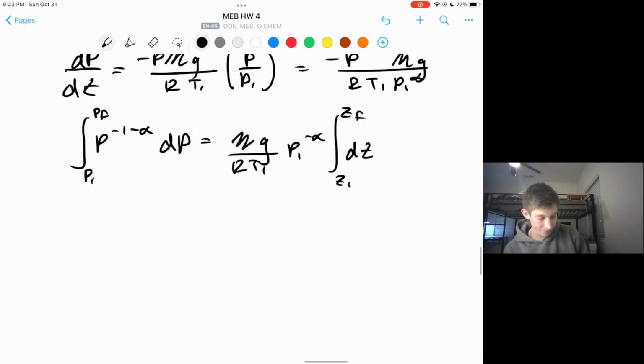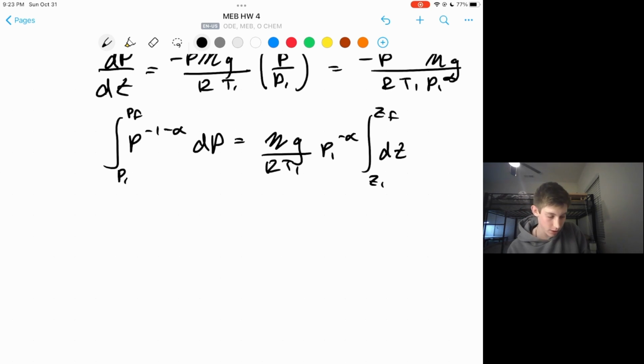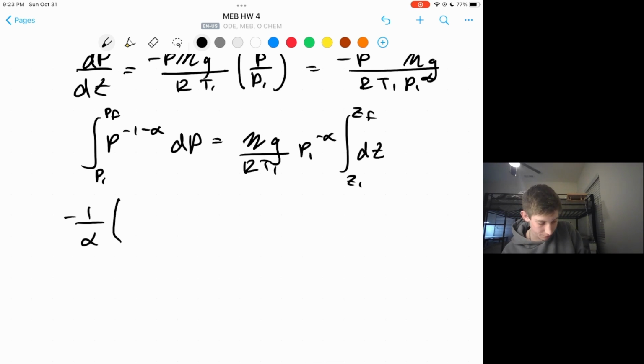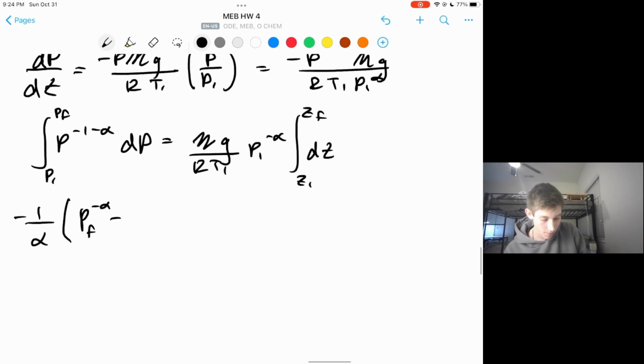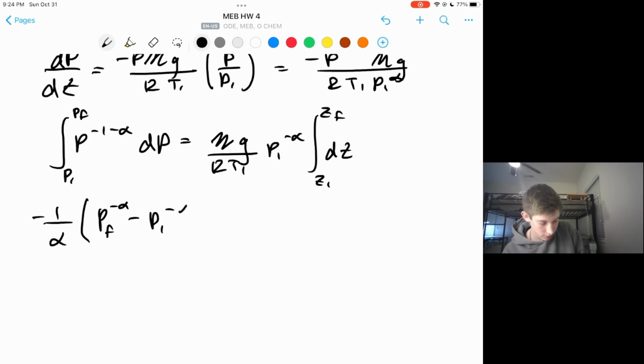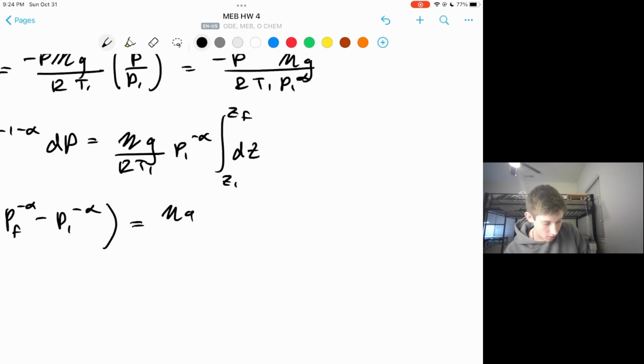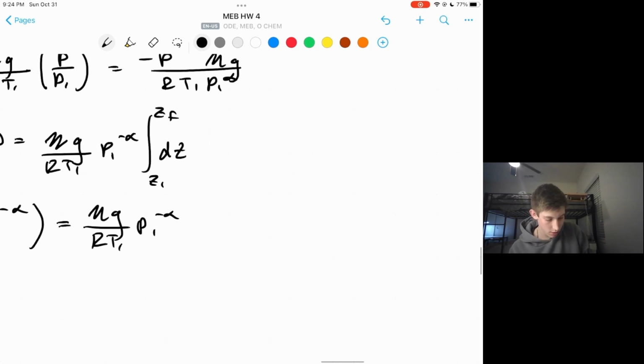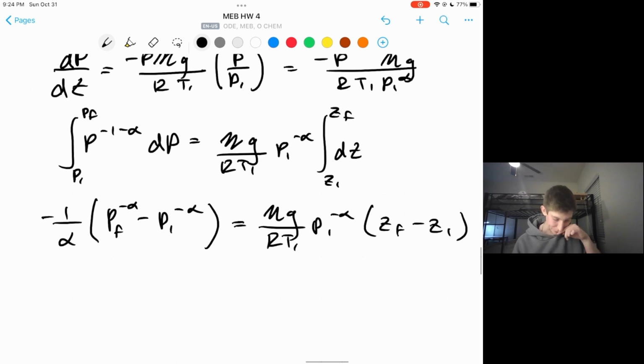So if we integrate, we're adding 1, so the coefficient will be 1 over alpha times P final to the negative alpha minus P1 to the negative alpha. And this equals this sort of constant times the final altitude minus our starting altitude.